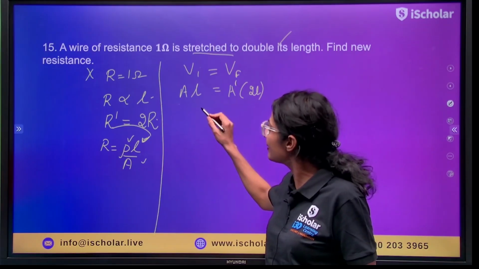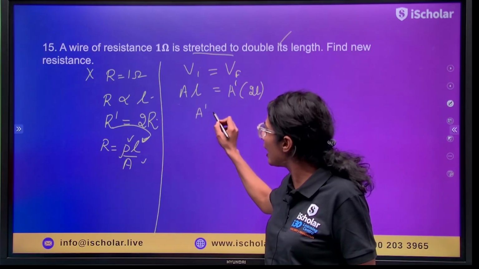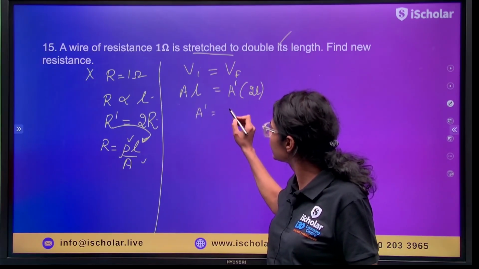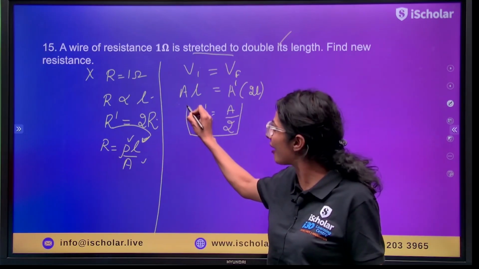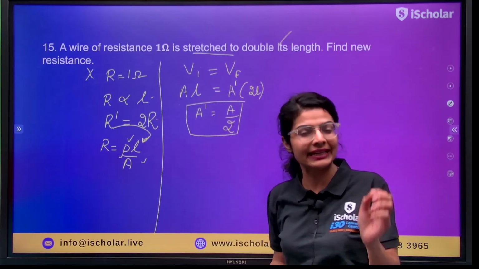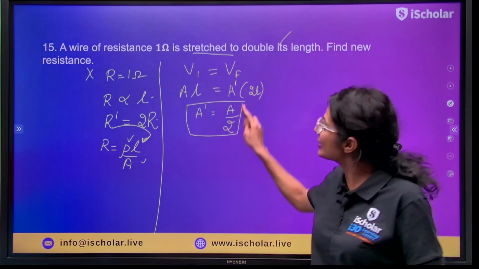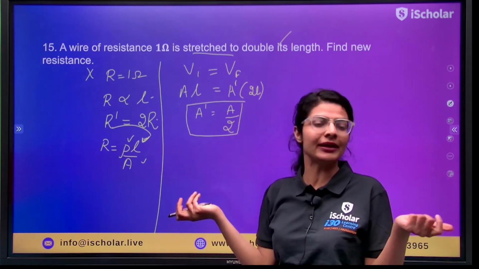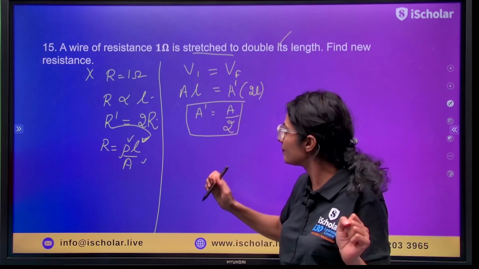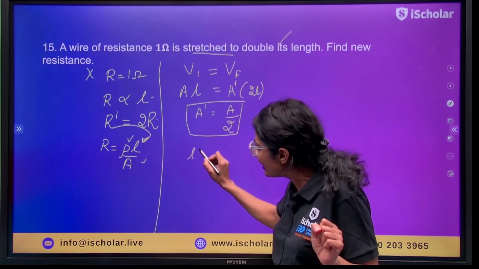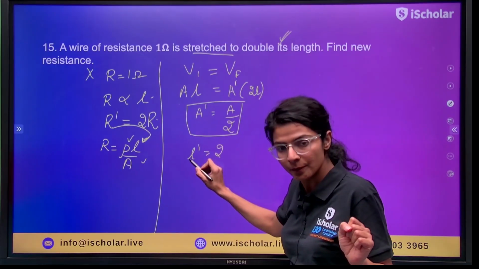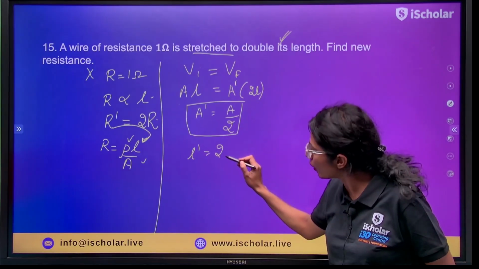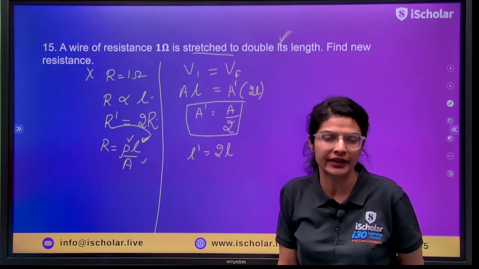So from here, can I say that the new area after stretching, which is A dash, would be the original area A divided by 2, as simple as that. Now the final length, we know that it is double its length, so the final length after stretching is twice its length, and I'm showing this over here.